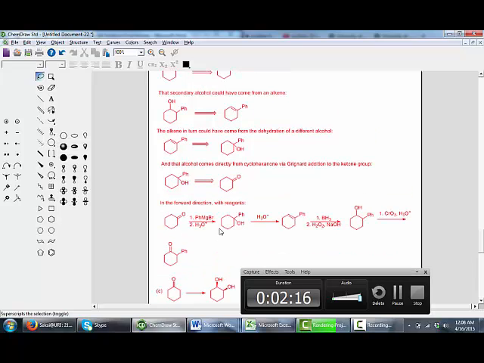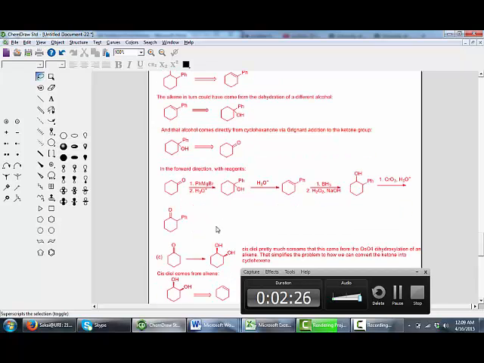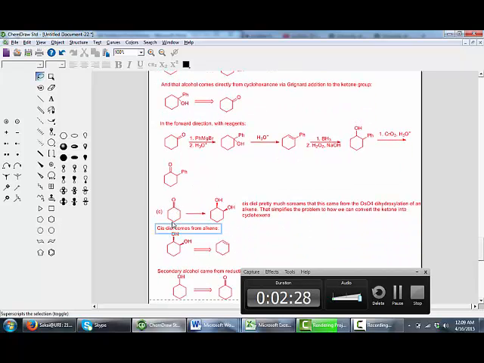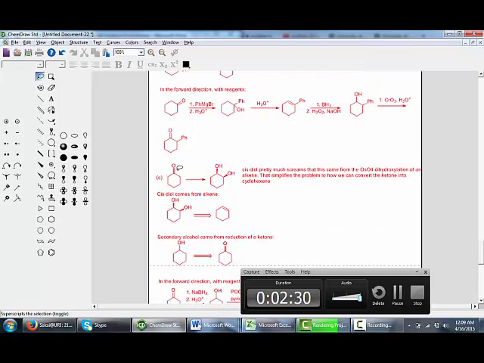But the key in this problem is to identify, again, that I need to figure out a way to functionalize at an adjacent carbon, and for our purposes that pretty much means alkene. Now if I look at this cyclohexanone, this is part C, I look at cyclohexanone here and I say I want to make this compound.